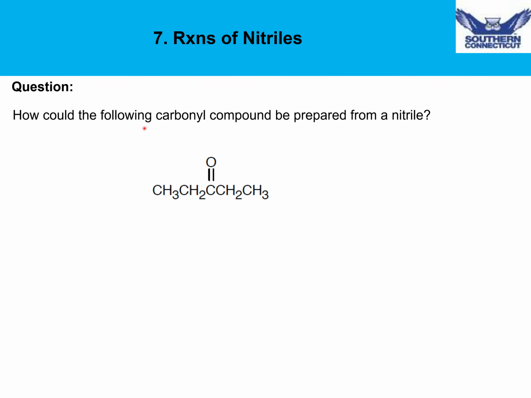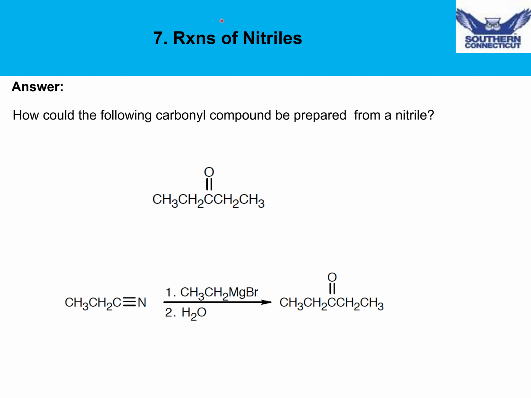In this question, we want to make the following ketone from a nitrile. One of the reactions that we learned about in this chapter is that we can take a nitrile and add a Grignard reagent to convert it into a ketone. The Grignard reagent will generally add an alkyl group to the carbon of the nitrile.